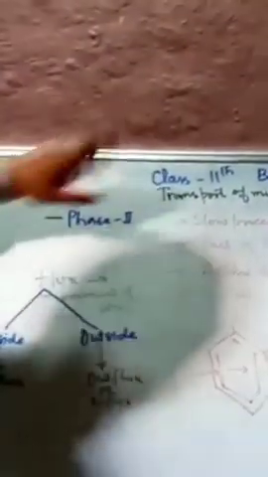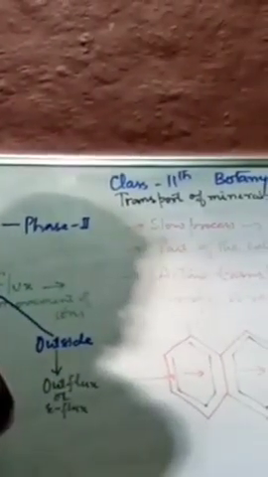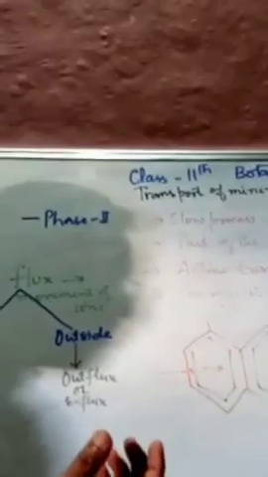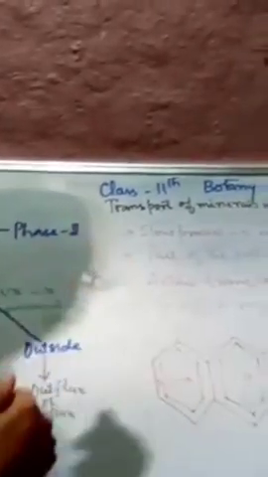Now we have discussed how the transport of minerals takes place. Now what is the mechanism of the transport of minerals? We have studied that the transport of minerals can be discussed in two parts. Part one is passive, and part two is active. So whatever mechanism we have, we can say it is active transport as well as passive transport.